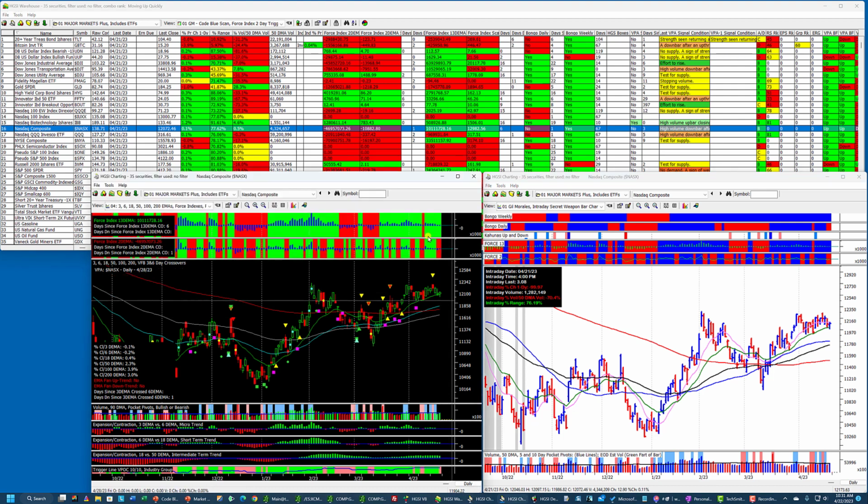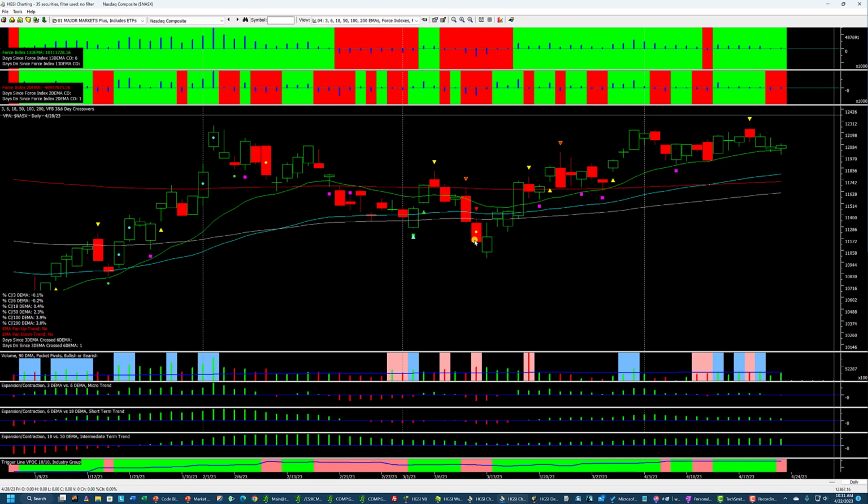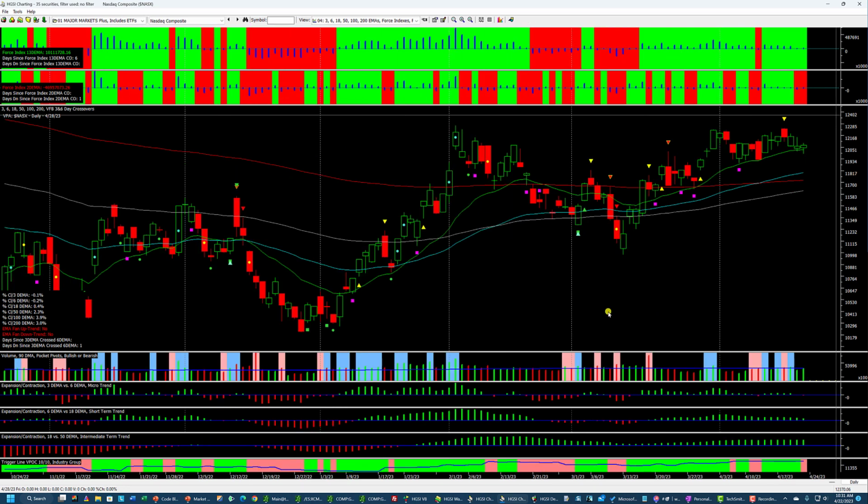Same thing here, except I'm just using the force indexes. But taking this up and looking at alternate 2 brings up this magnification. You can see that the composite is still riding above the 18 period moving average.